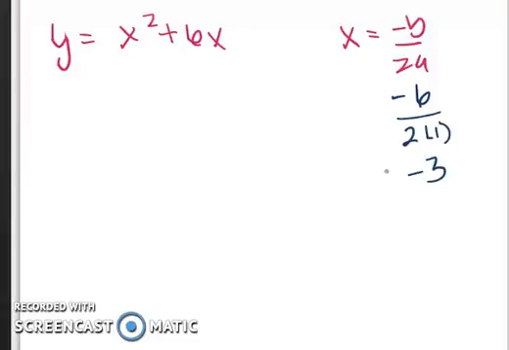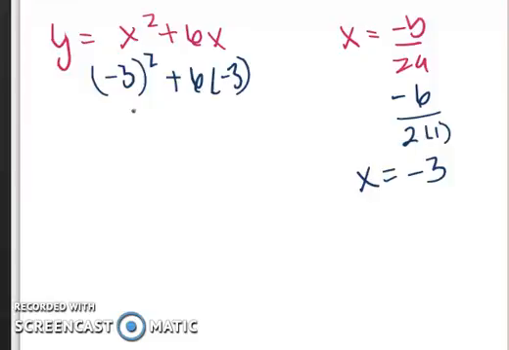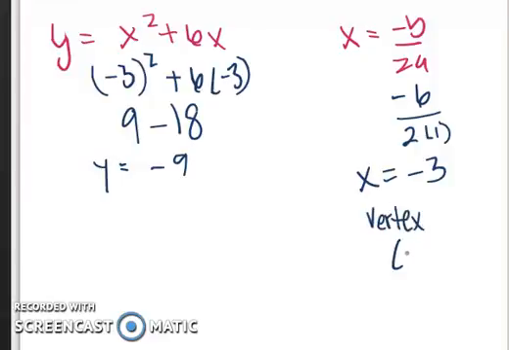That's going to become negative 3 for my x value. Plug in negative 3. Okay, when I do that, I'm going to get 9 minus 6 times 3 is going to give me 18, so I get negative 9. So my vertex is going to be at negative 3, negative 9.